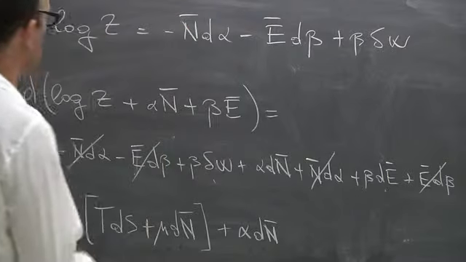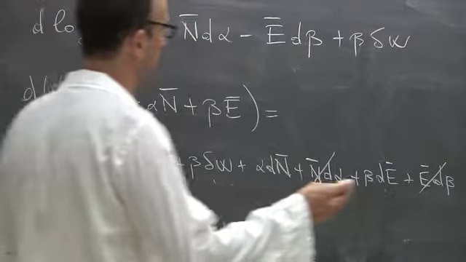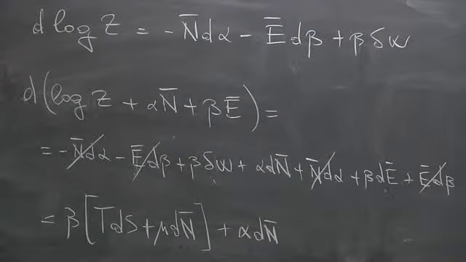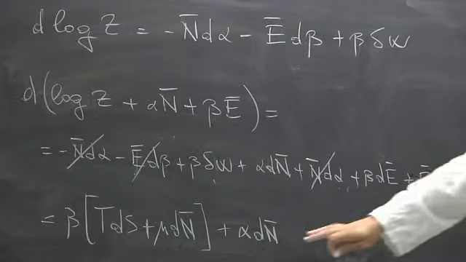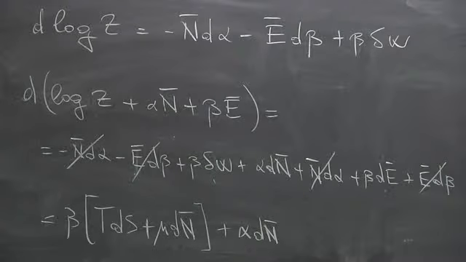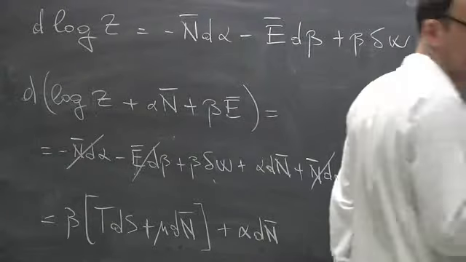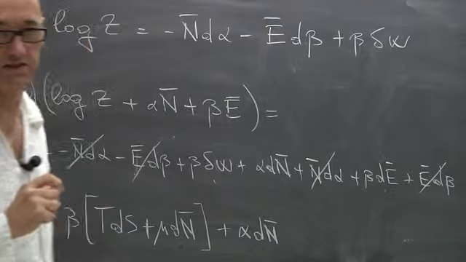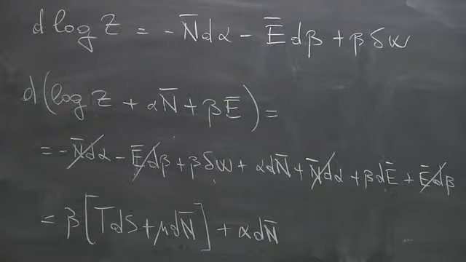So for this to be an exact differential, we should have that beta times mu is equal to minus alpha, and that beta times T is a constant, which I can decide to be 1 over the Boltzmann constant.